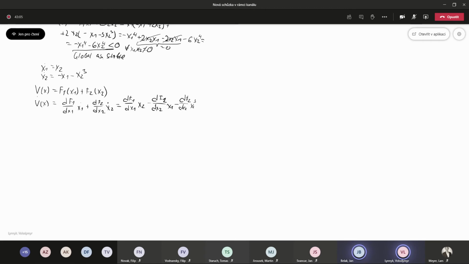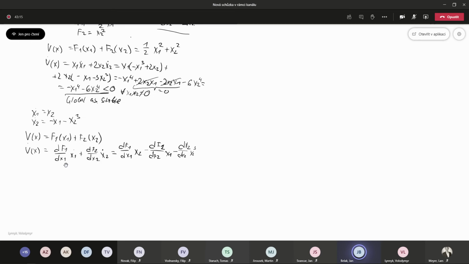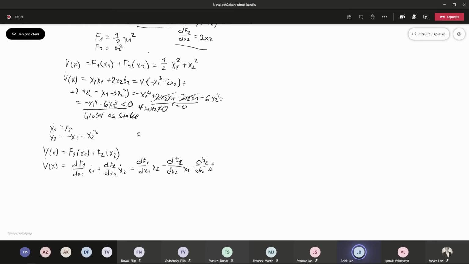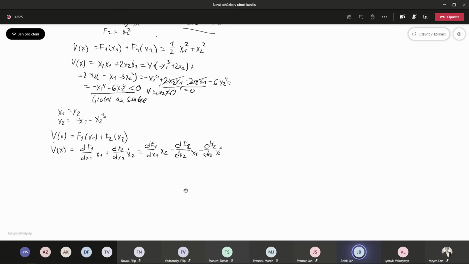We need to find f1 and f2 by integration, so we need df1/dx1 x1 equal to df2/dx2 times x2.